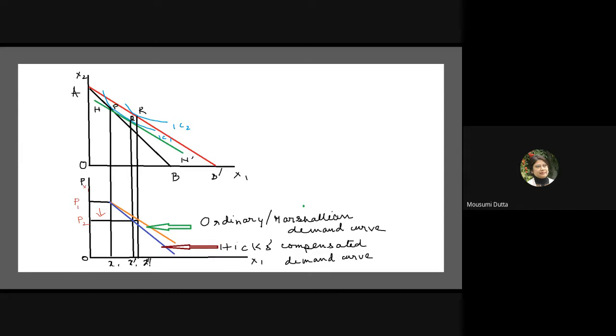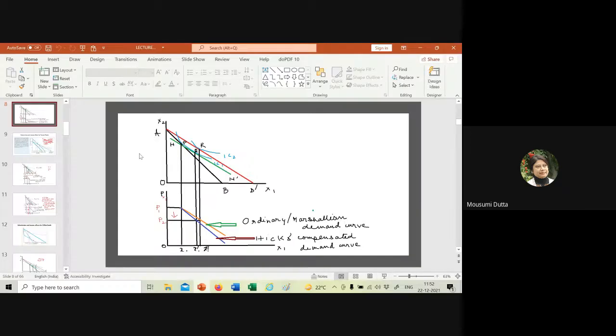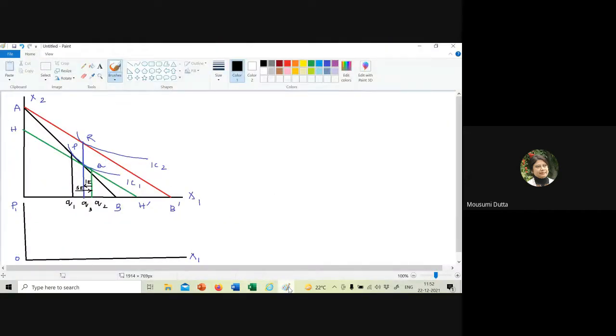We will consider the Hicks definition of constancy of purchasing power. So everything I'll keep fixed. However, instead of a normal commodity, I'll consider an inferior commodity. Okay, so let's first try to understand the matter and then we will come back to the diagram.